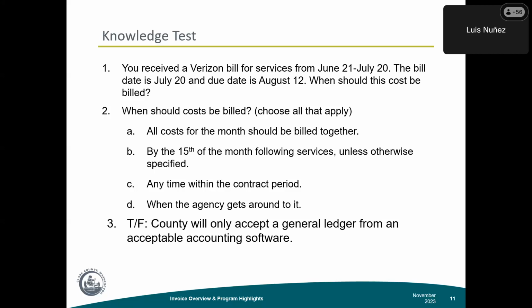Or D, when the agency gets around to it. And then the third question is a true or false. County will only accept a general ledger from an acceptable accounting software. I'll pause for a couple minutes and then we'll switch over to the slide with the answers.